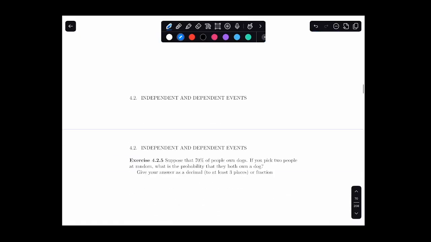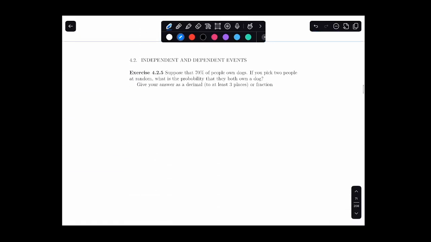So now let's look at exercise 5 and see how much easier this becomes if I have events that I can assume are independent. So this exercise says, suppose that 70% of people own dogs. If I pick 2 people at random, what's the probability that they both own a dog?